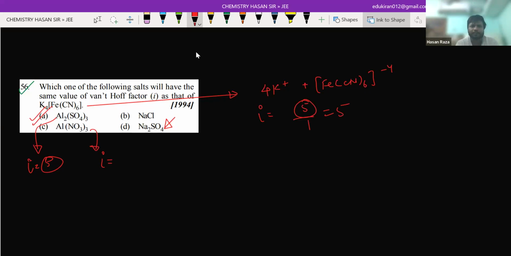What is the value of i for D? Is i equal to 6 for D, Shahid? No, it's wrong. Please dissociate it again.